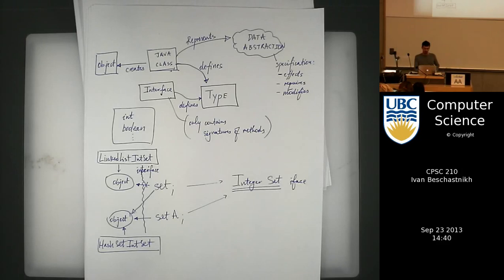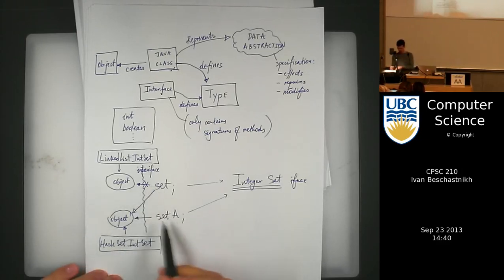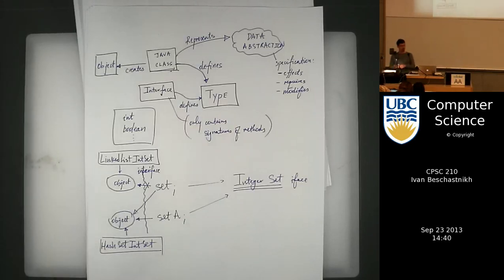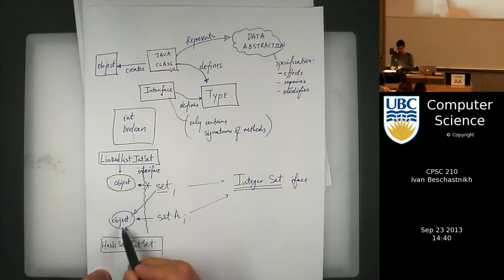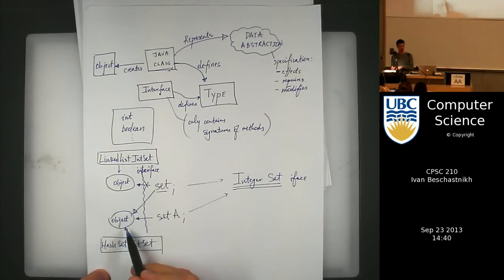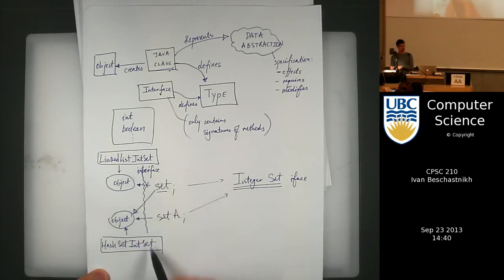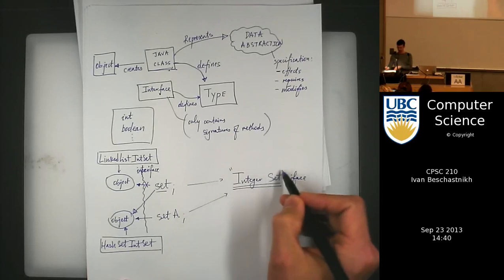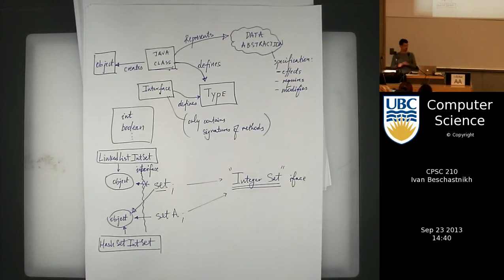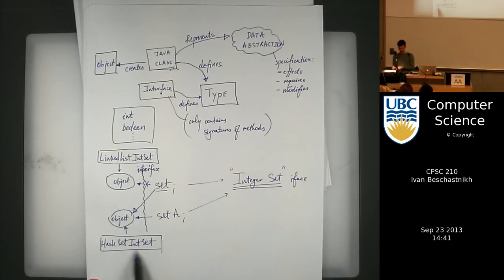When I created these two objects, these were the arrows, they just went across. Then when I said set equals set A, I changed what set points to be the same thing that set A points to. The reason I can do that is because they implement the same interface, because I can talk about them as abstract integer set instances. So I'm not talking about them as implementations. Because if I did that, let me give you another example.